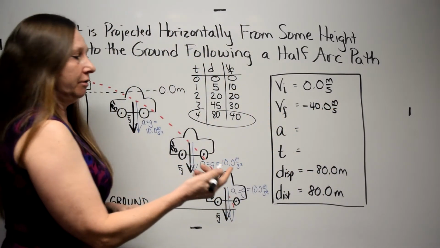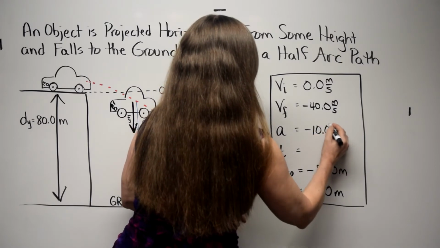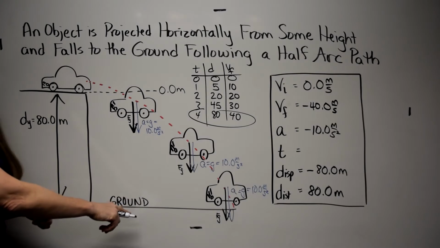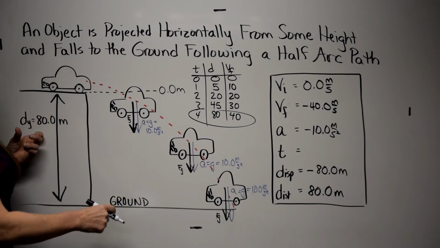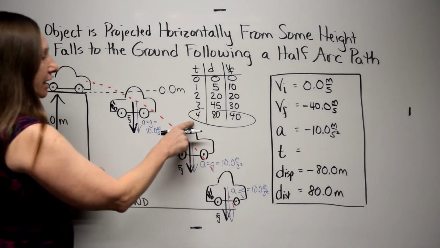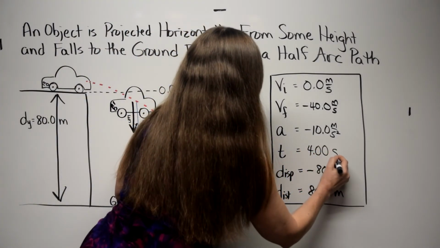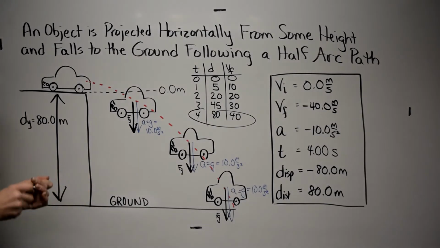The acceleration due to gravity, we know, is negative 10 meters per second squared. How many seconds did it take the car to hit the ground? To fall from a height of 80 meters, it takes 4 seconds.